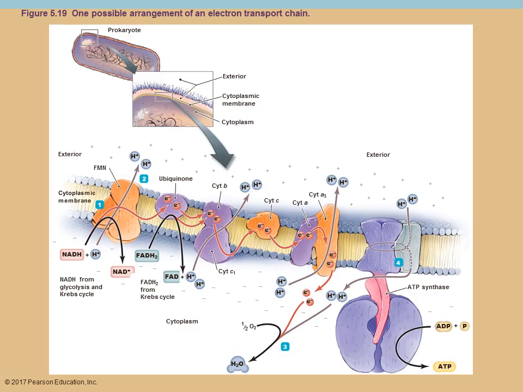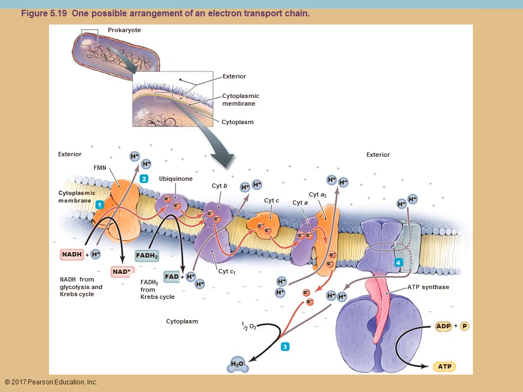Now notice also in step one, you pass that pair of electrons, and notice how it's moving the hydrogen ion from the interior portion of the cell outside. You pass those electrons along to ubiquinone, to cytochrome B, then to cytochrome C, then cytochrome A, cytochrome A3, etc. As you pass it along, you are moving hydrogen ions from the inside of the cell to the outside.